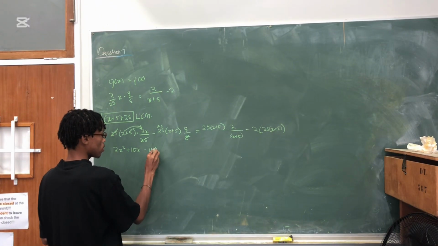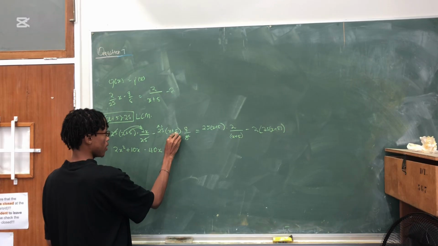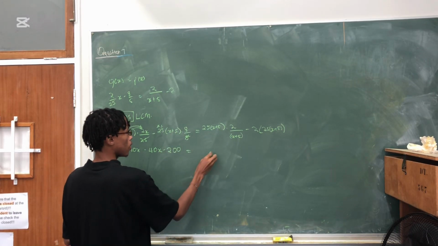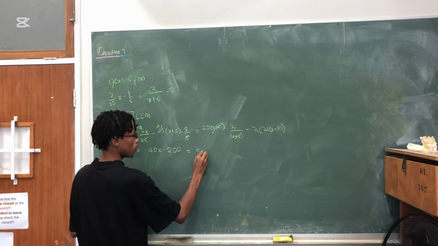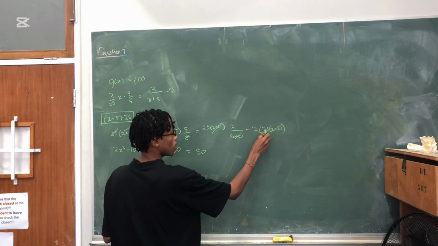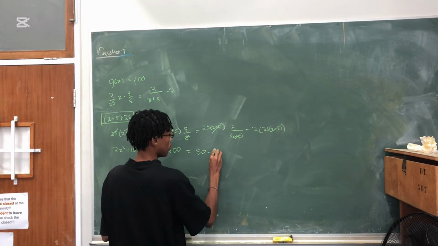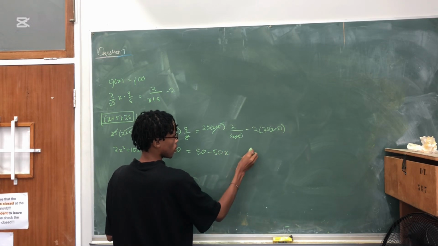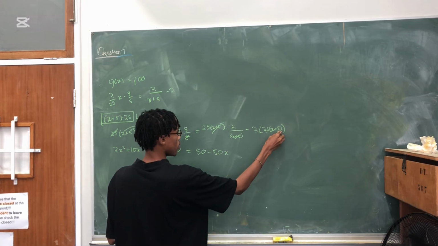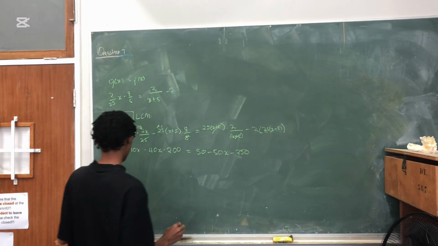-40x, and -40 multiplied by 5, minus 200. Here the 25 cancels and we have 50, and this negative 2 times 25 is going to be -50x, and -50 multiplied by 5 is going to be -250.